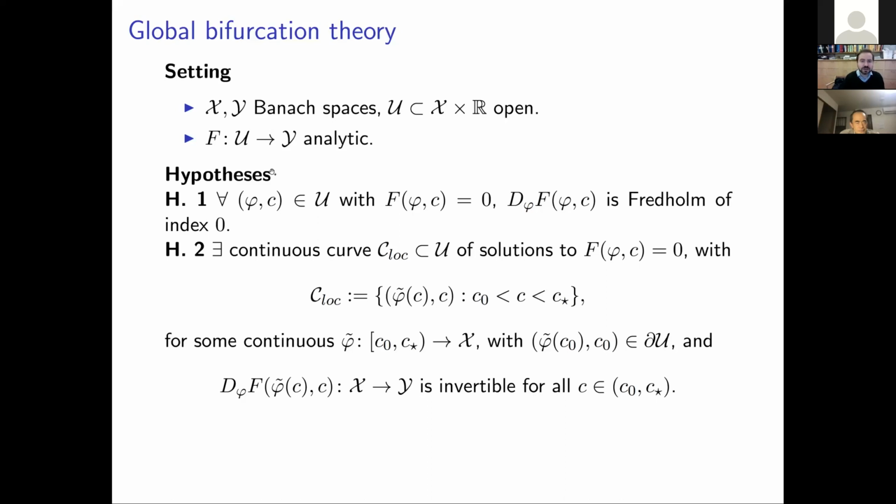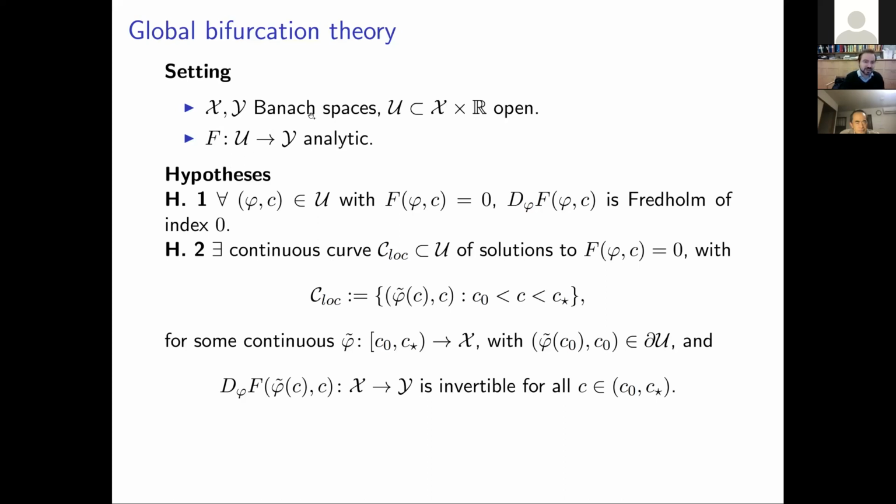So what Shen, Walsh, and Wheeler did was to write down an abstract result which you can apply in these situations. It is based on analytic global bifurcation theory, which they have adapted. The setting is that you have two Banach spaces, X and Y, and some open subset of X cross R. This is the space in which your functions live, and R stands for the parameter, the wave speed in our case.